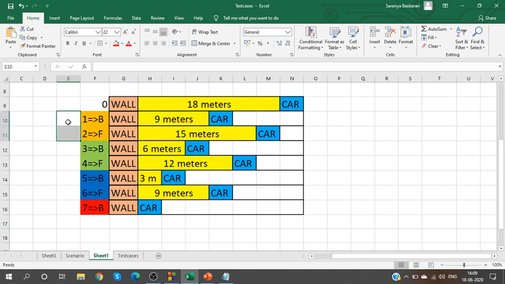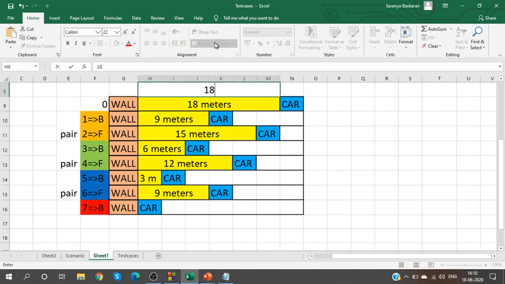Now look at this. I am going to call this a pair. This backward and forward movement is called a pair, and this 18 meter is called 18 positions. I don't want you to be confused, which is why I'm telling you this.